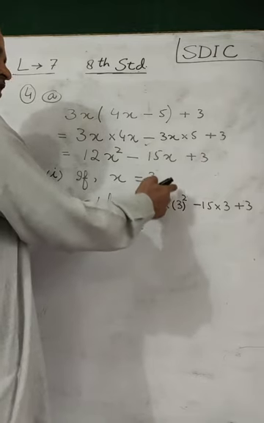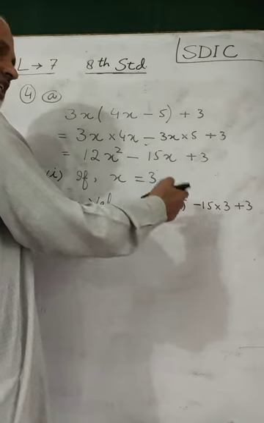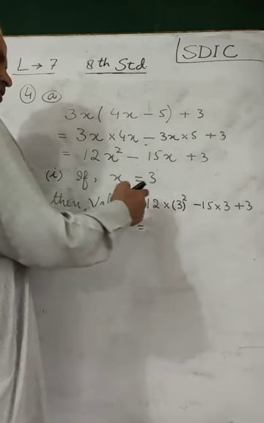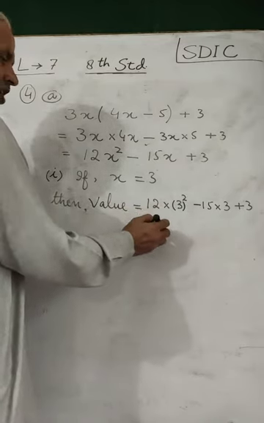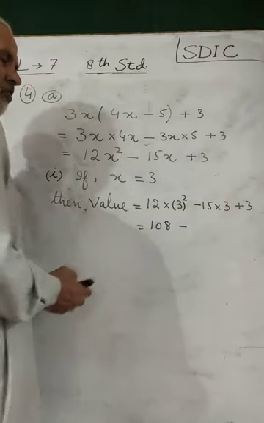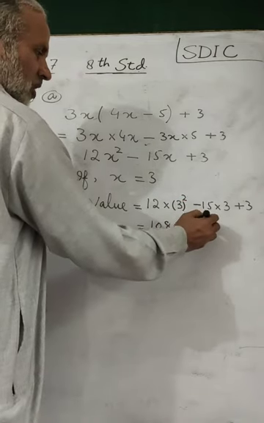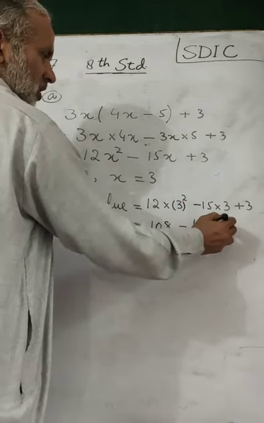You will first find what is 3 squared, which means multiplying 3 by 3. 3 3s are 9. That 9 will then be multiplied by 12. You will get 108. In the second place, you have to multiply 15 by 3. That will be 45. Finally, plus 3 is there.